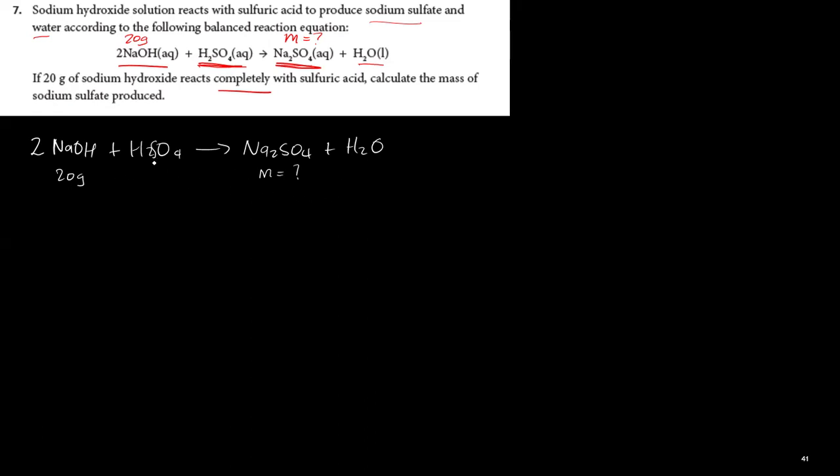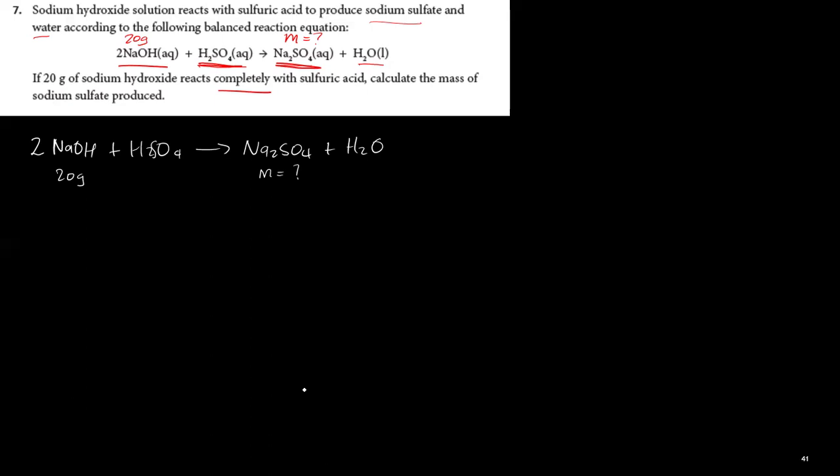If I want to calculate the number of moles of H2SO4, I'm going to use sodium hydroxide. If I want to calculate the number of moles of sodium sulfate, I'm going to use sodium hydroxide. If I want to calculate the number of moles of water, I'm going to use sodium hydroxide. Why? Because sodium hydroxide reacts completely, so it is called the limiting reagent. That is why.